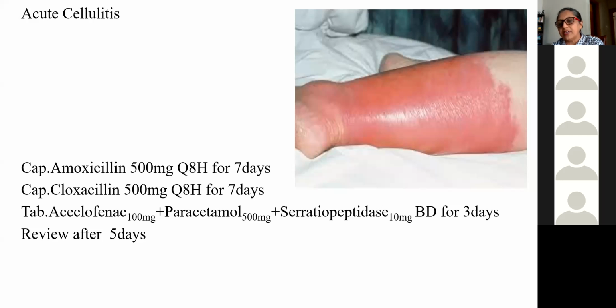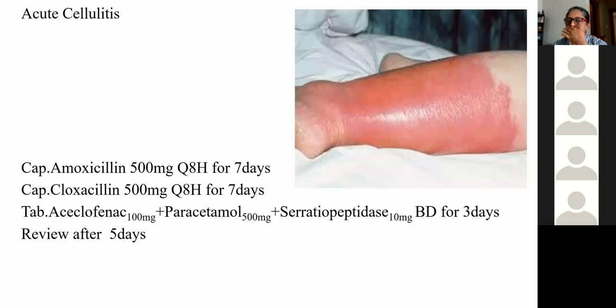So now Abdul Musawir is there or is he absent? Okay, then Abhirami, can you tell me some drugs for peptic ulcer?